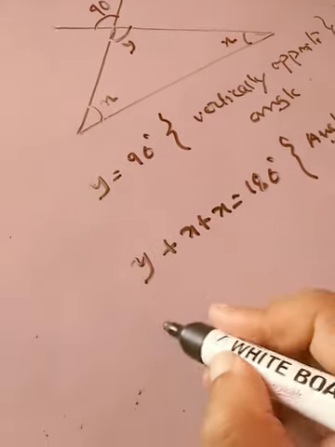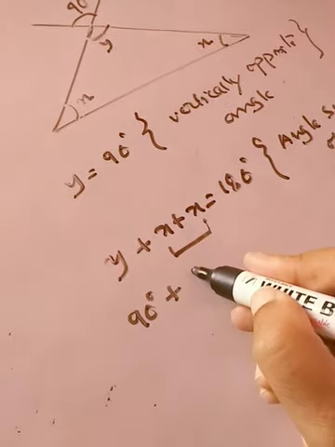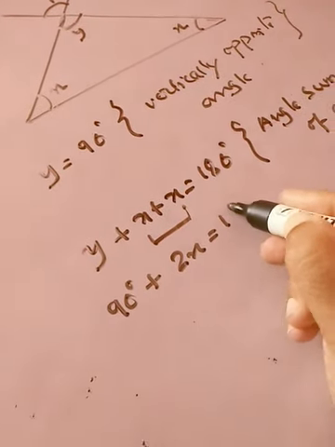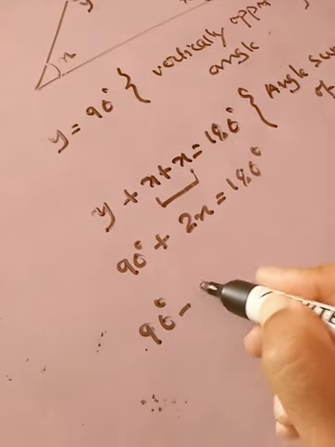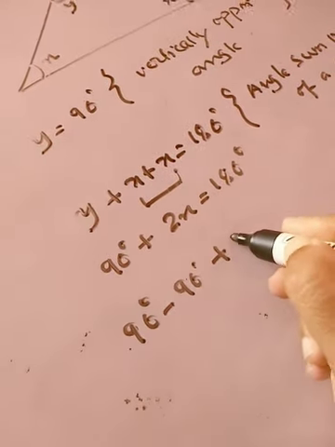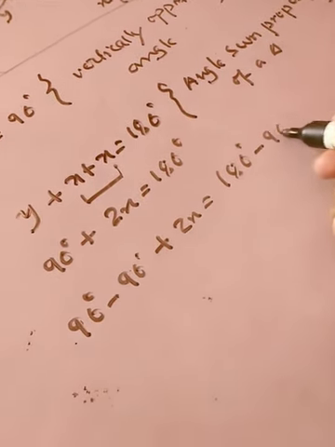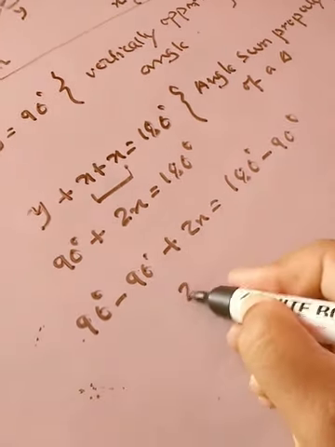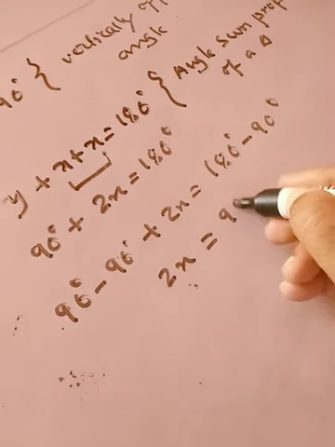Now y is what? 90 degree, and we know that what is the value of x plus x? It will be 2x equals to 180 degree. Now we have to remove this 90 first, so we are subtracting it. Plus 2x equals to 180 minus 90 degree, so this will become 0. So 2x will remain, and 180 minus 90 is 90 degree.